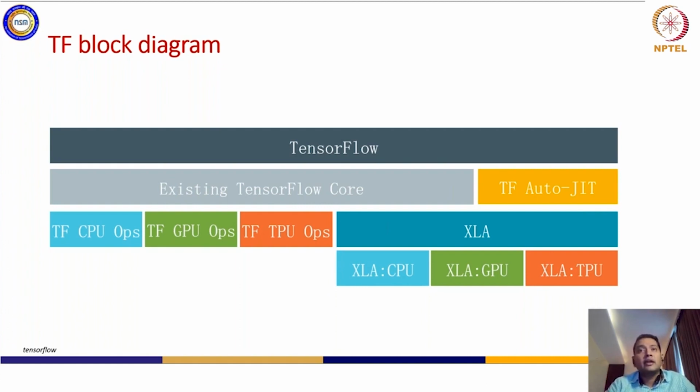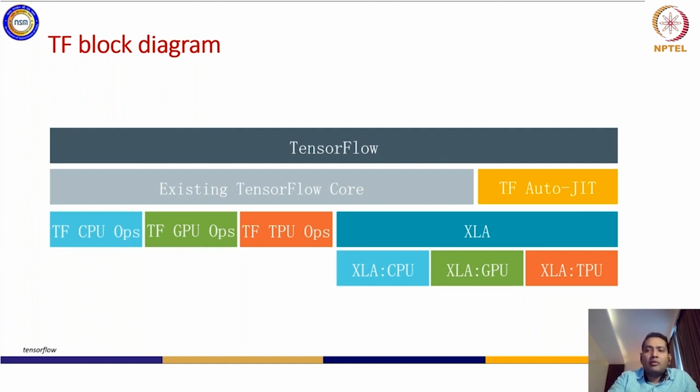TensorFlow supports maybe thousands of operations, but the XLA device supports a very limited number of operations, and those are very highly optimized. That's how you will get optimized performance for the target. The code generated by the XLA compiler will be for target devices like CPU, GPU, TPU, and so on.